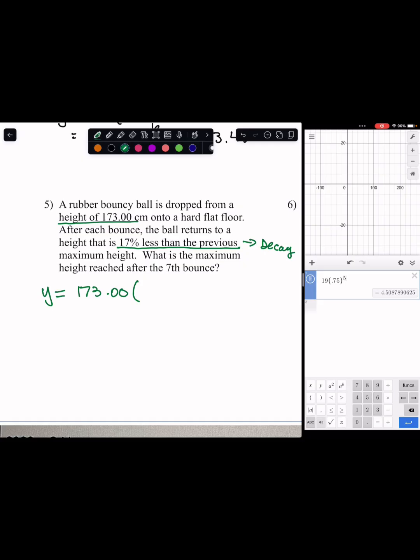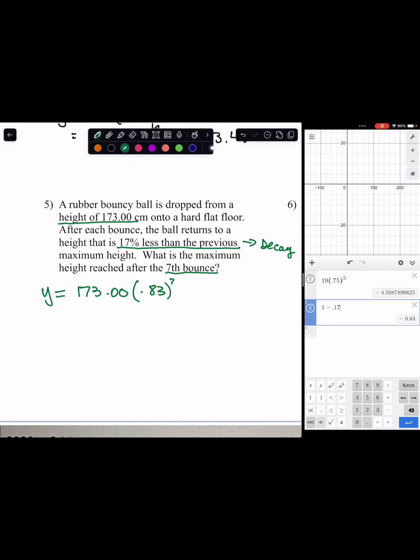It's less than. And when you do 1 minus 0.17, you're going to get 0.83. And if you're ever not sure, just do 1 minus 0.17 and you get your 0.83. You don't have to put the 0. You can if you want. And then the time, or the thing that changes, is the number of bounces.